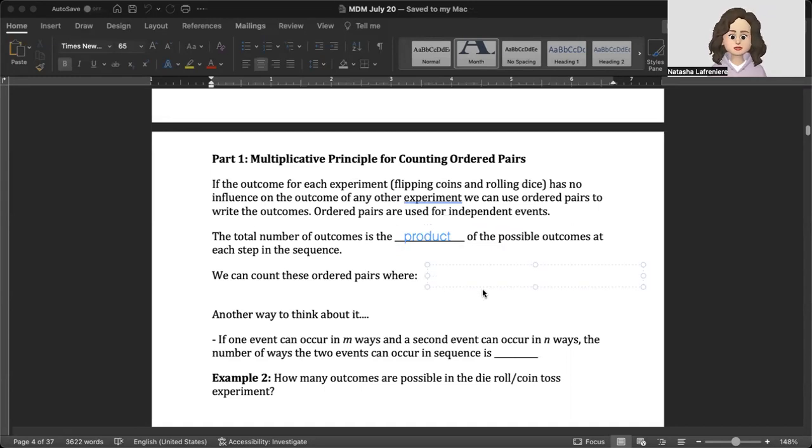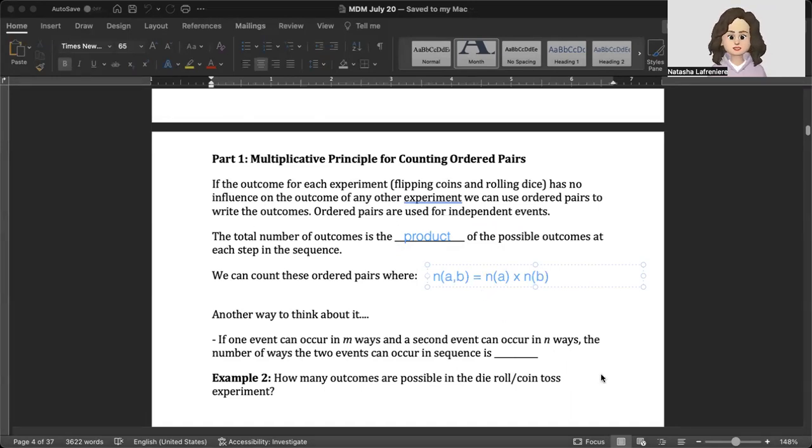We can count these ordered pairs where n of (a, b) is equal to n of a times n of b.